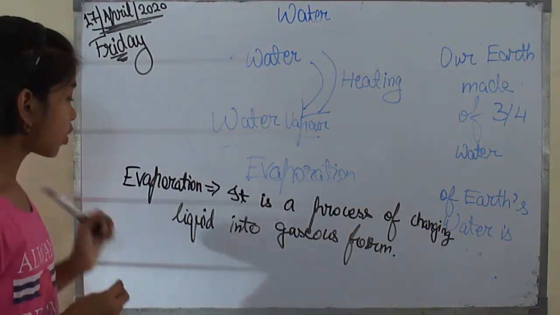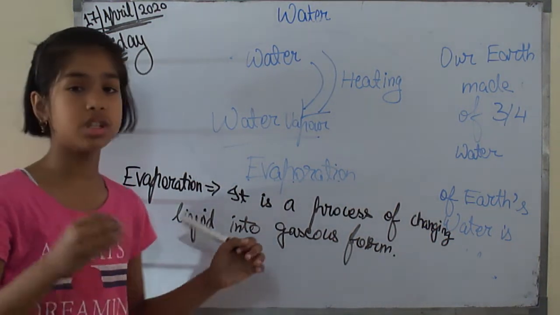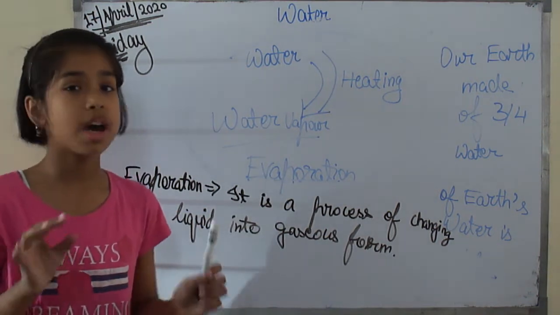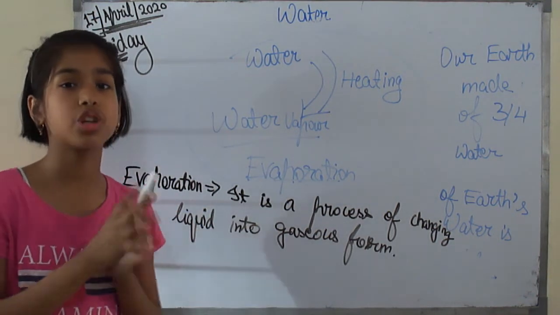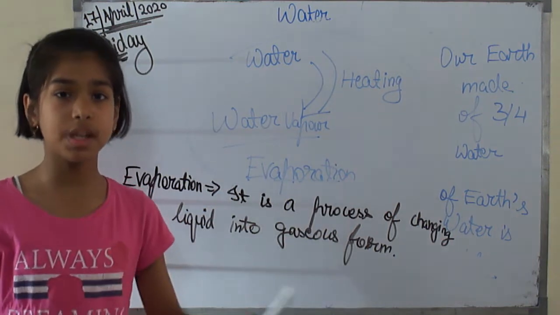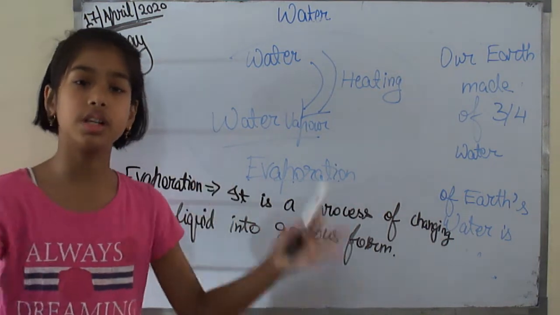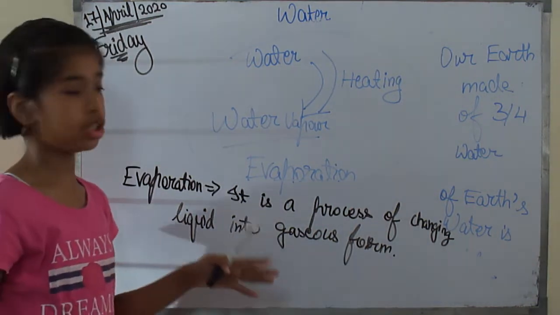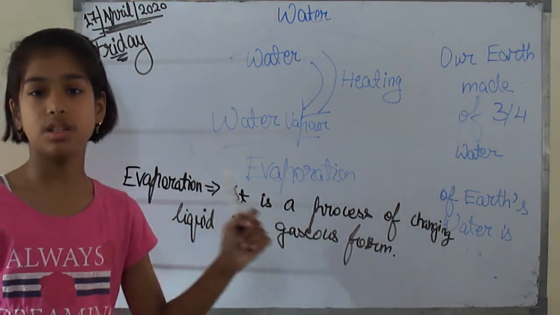So evaporation means the process of changing liquid into the gaseous form. I am not talking about water only, I am talking about all the liquids like oil and all the other things. So evaporation is the process of changing liquid into the gaseous form.